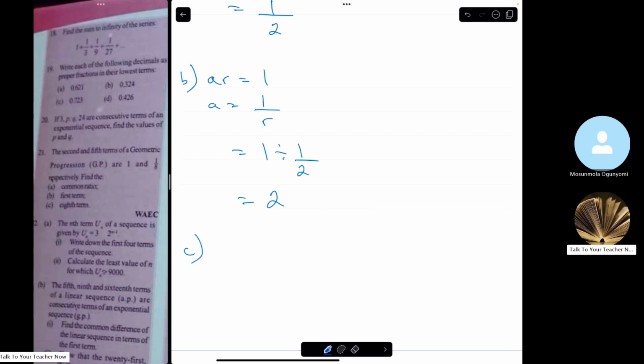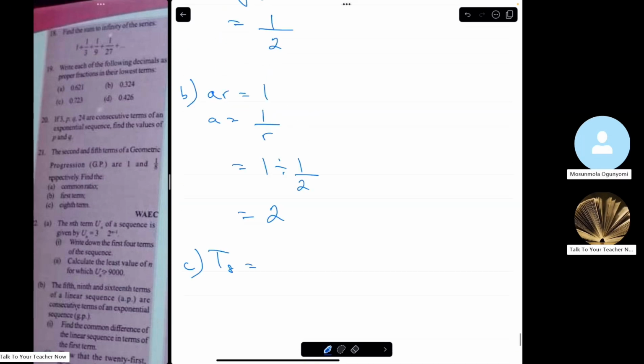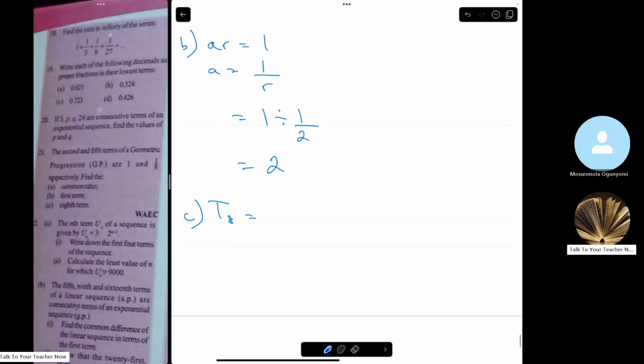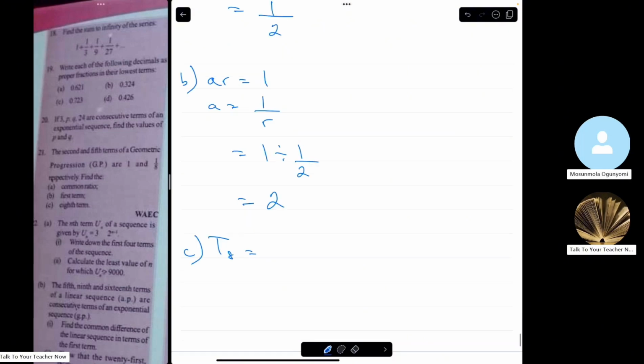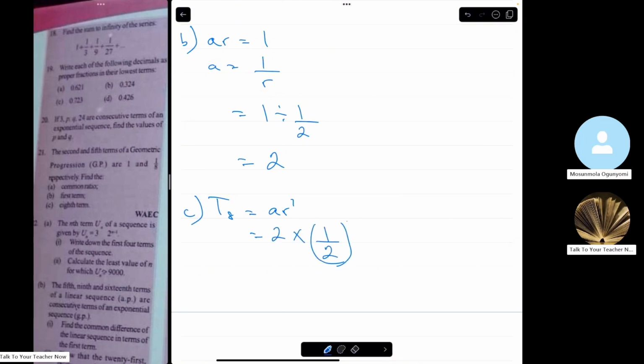What's question C? The eighth term. What's the eighth term of a geometric progression? AR raised by 7. Good. And that means 2 times 1/2 raised to power 7.